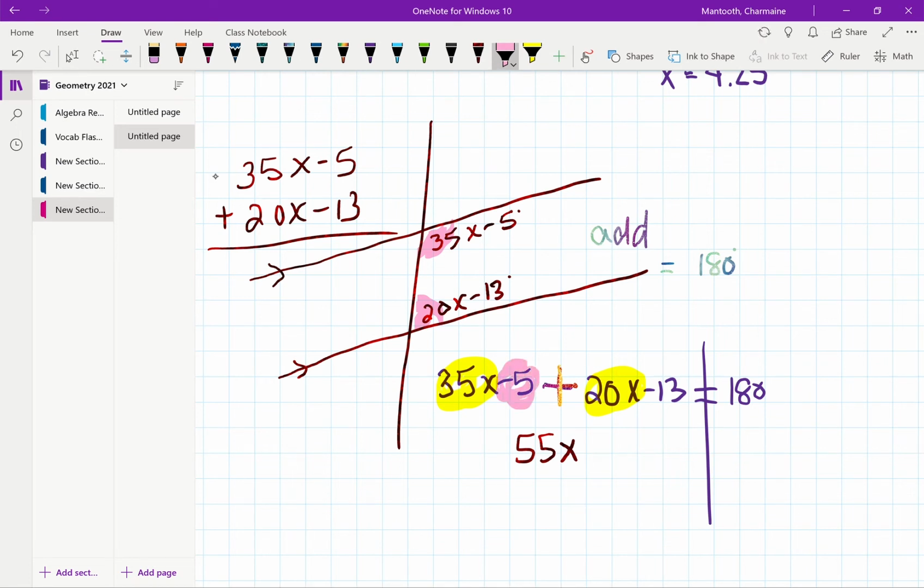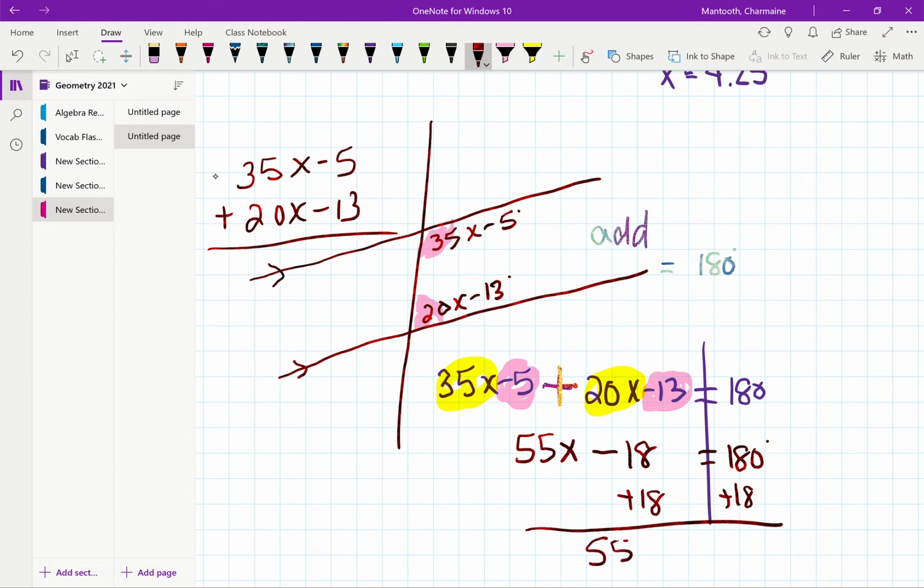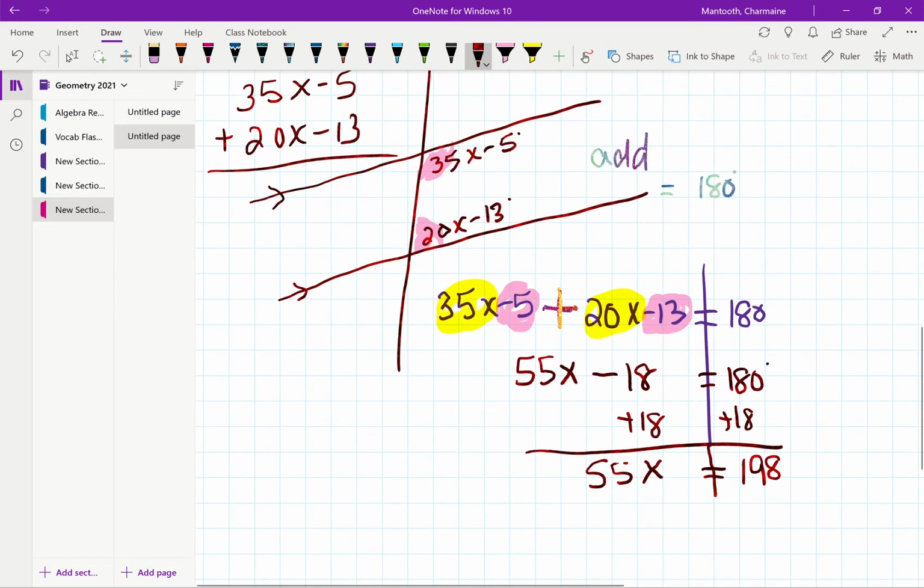Negative 5 minus 13 is minus 18. So 55x minus 18 equals 180 degrees. Add 18 to both sides. I end up with 55x is equal to 198. And when I divide 198 by 55, I'm going to get x is equal to 3.6.